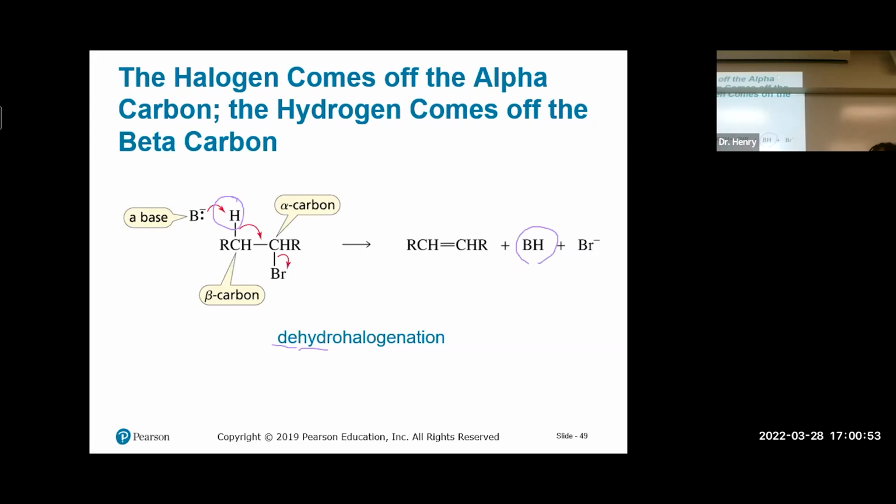Okay. Now, the bromine is going to be coming off of the alpha carbon. The hydrogen is going to be coming off of the beta carbon. Okay, so they're not coming off the same carbon.